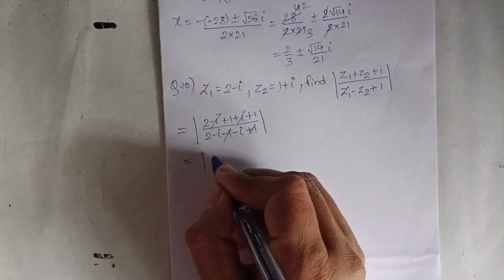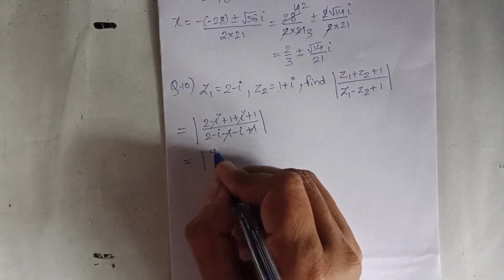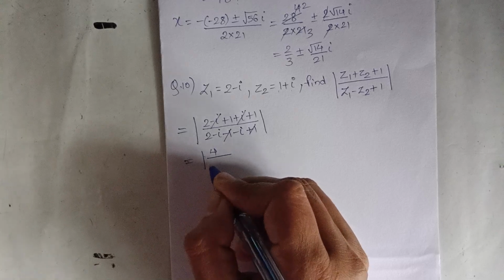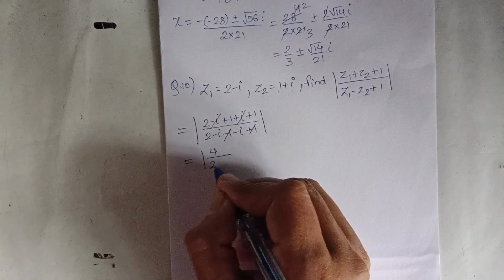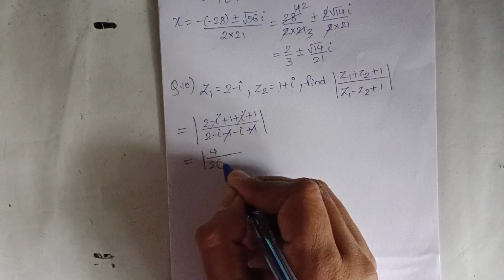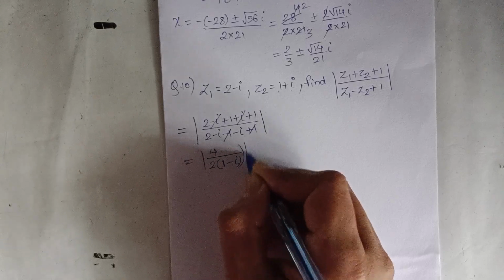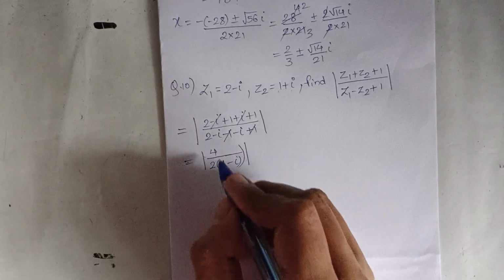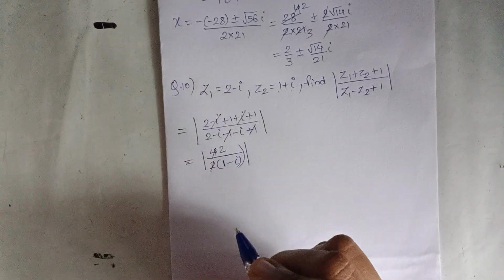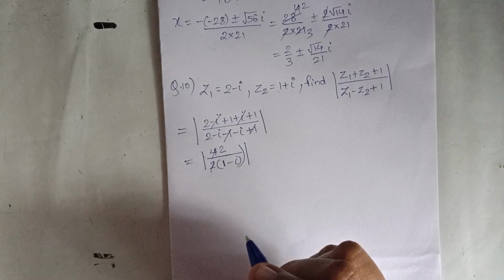So this is 4 upon 2 minus 2i. So you can take 2 common. So 2 upon 1 minus i.